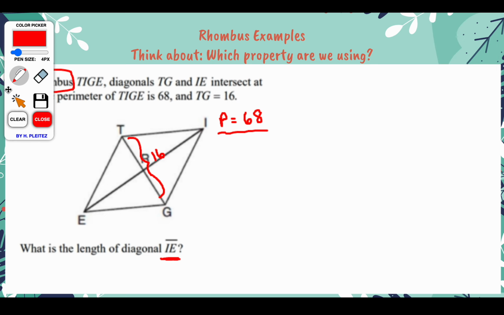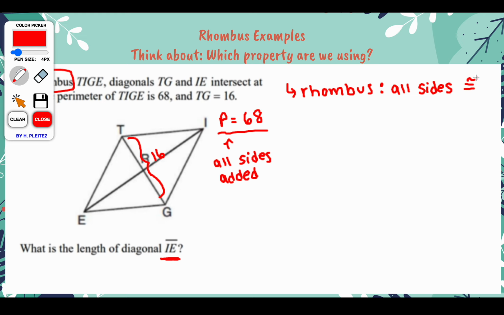So what's standing out to me right now is that, as my first step, because I know the perimeter, they give us perimeter for a reason, and perimeter is all sides added together. So in a rhombus, the property about sides that we're going to be using here is that all sides are congruent. So if I know all sides are congruent and I know that the perimeter is 68, I can go ahead and just label all of my sides as X, because whatever side TI is, that's going to be the same exact thing for all the other three sides.